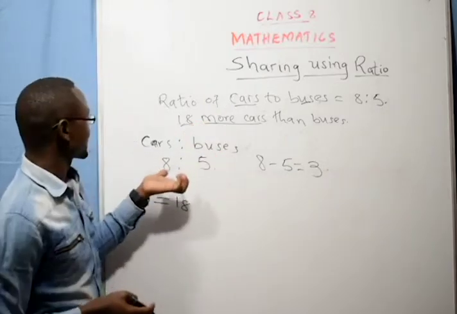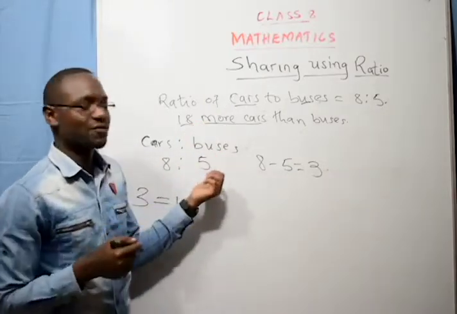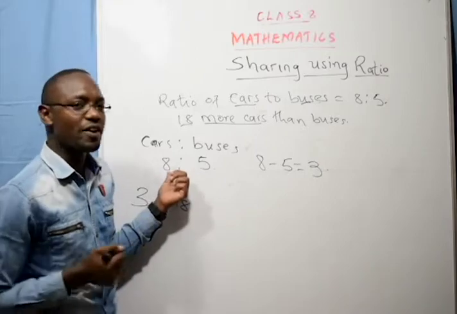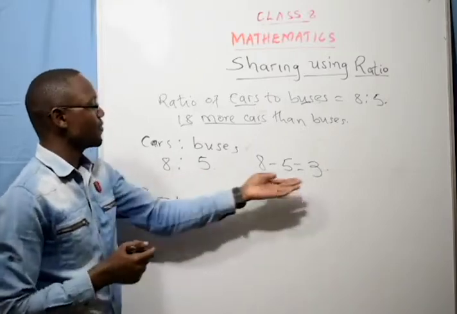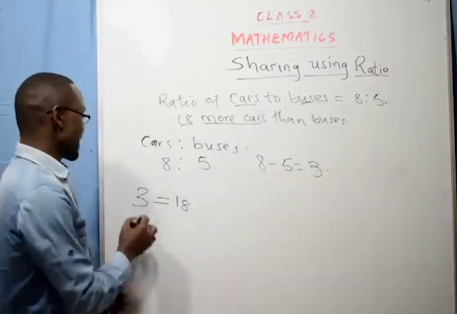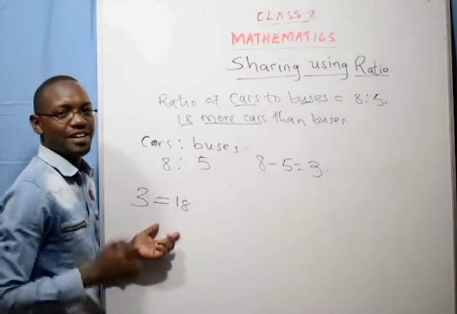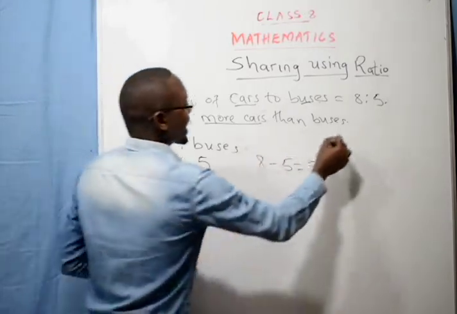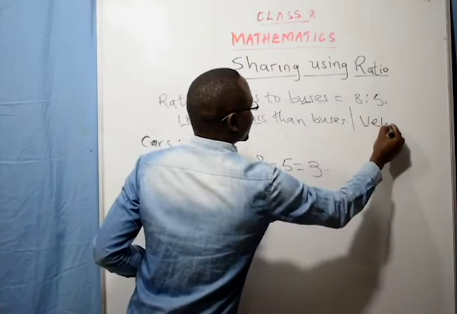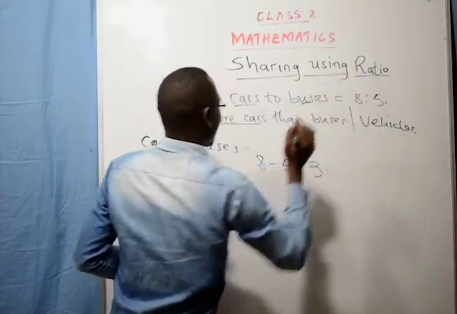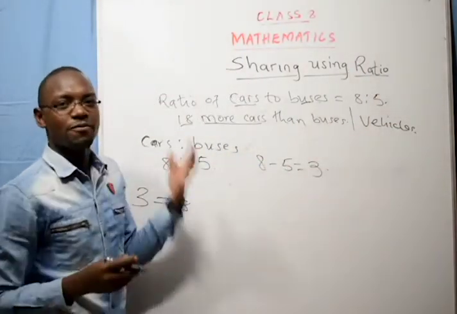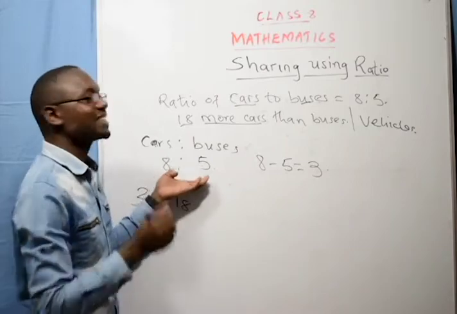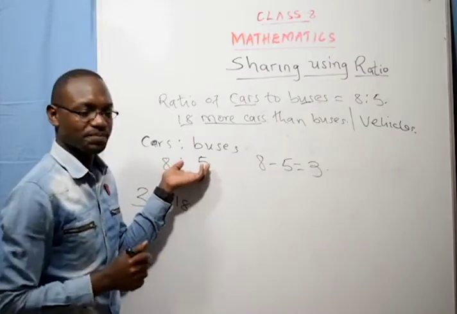That is why we take 8 minus 5, because the ratio is 8:5. So 3 will represent 18 vehicles. The question is asking how many vehicles are in that garage, so the number of vehicles will represent the total ratio.